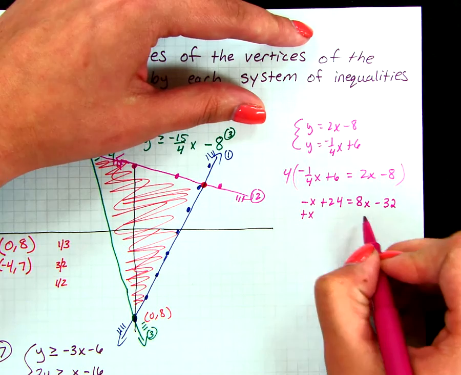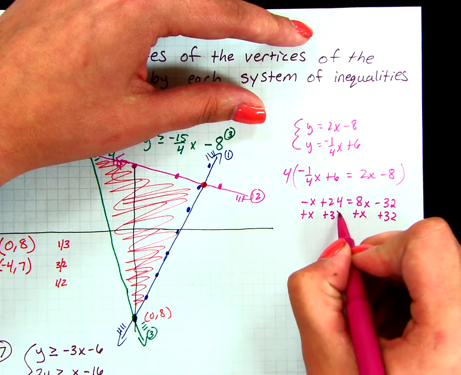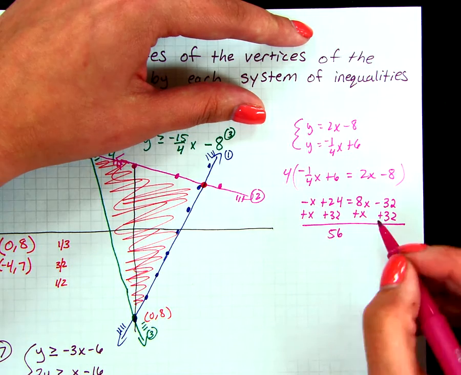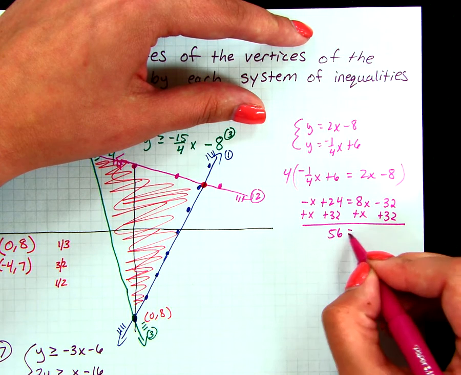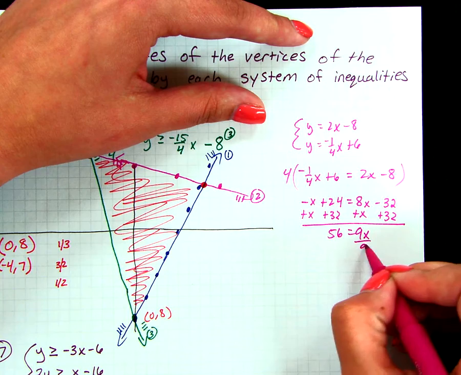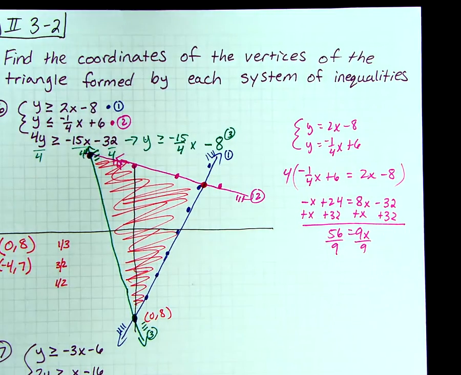So now I'm going to add my x to get it on the same side, and we're going to add 32 at the same time. So this will give us 56 equals 9x, and then divide by 9. So we'd want to see if that's going to work out nicely.